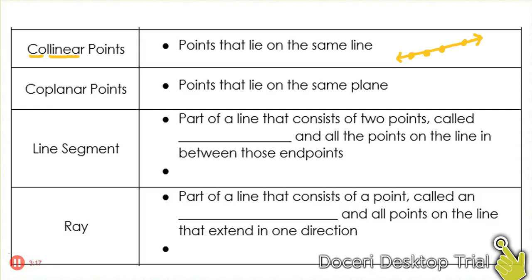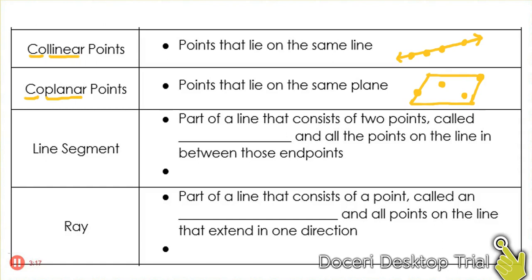Points that lie on the same plane are called coplanar points. So those would be all points that lie on the same plane. They can be on the side, in it, as long as they all lie in the same plane. Those are called coplanar.